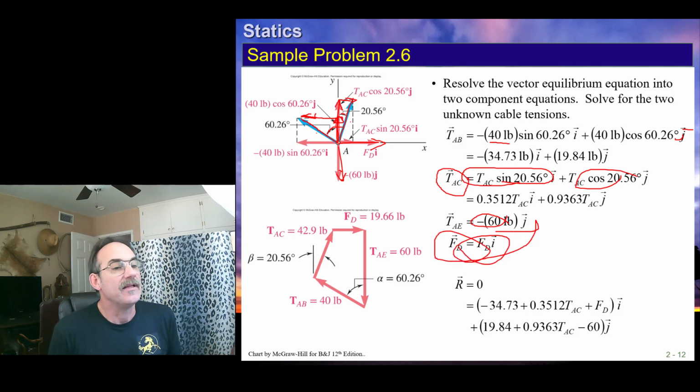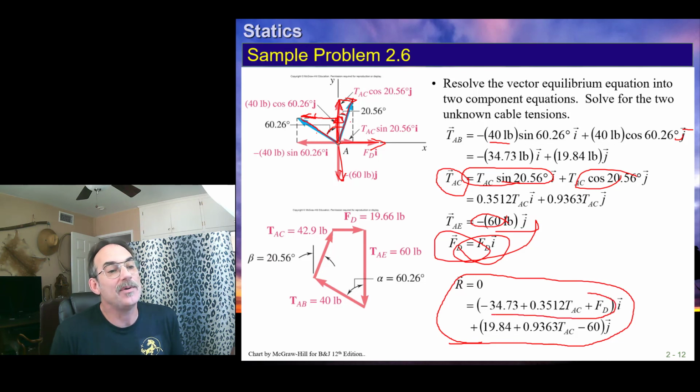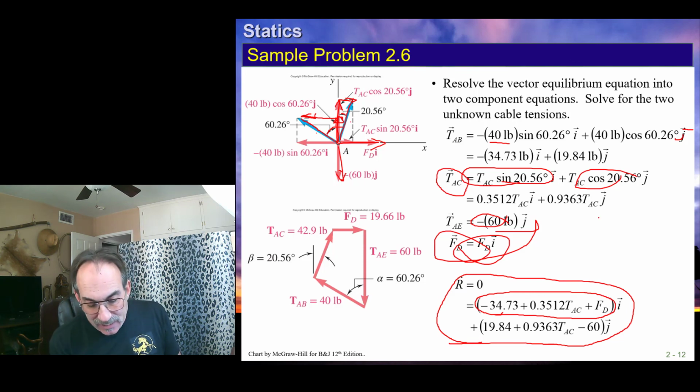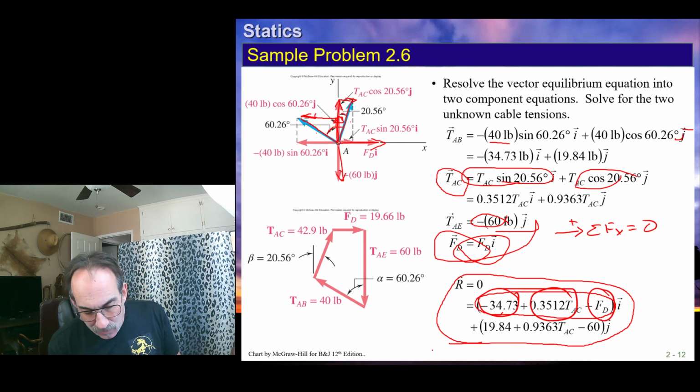Okay? That means the total resultant, if we sum all that up with knowns and unknowns, we get this. We can set all these components. And the way we do that, we can actually just say sum of forces in the x equals 0. Call that positive. And we say this plus this equals 0.